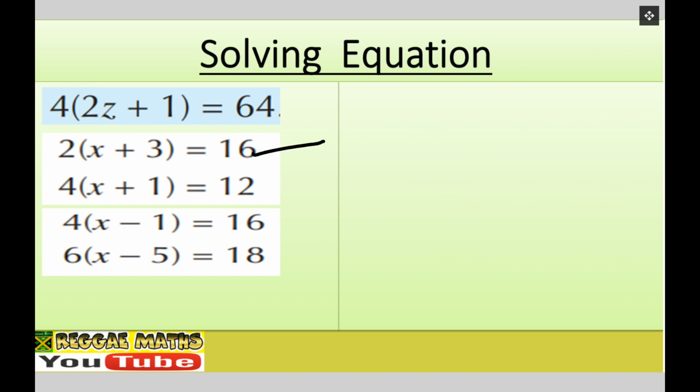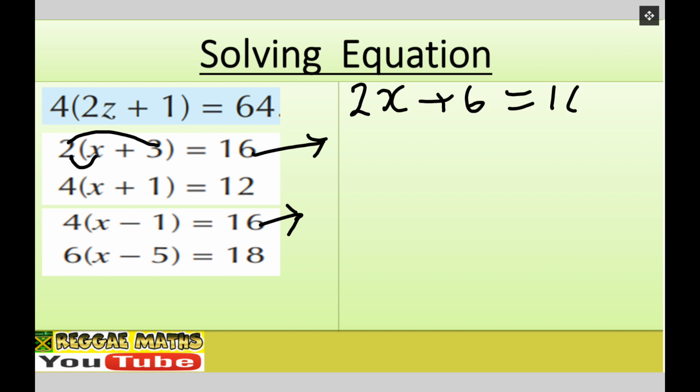Okay, if I do that one, and you do that one, you then have two to have a go at. So basically what we have here is exactly the same thing. I need to get rid of the bracket, so I'm going to do 2 times x, which gives me 2x. 2 times 3 gives me 6, equals 16.